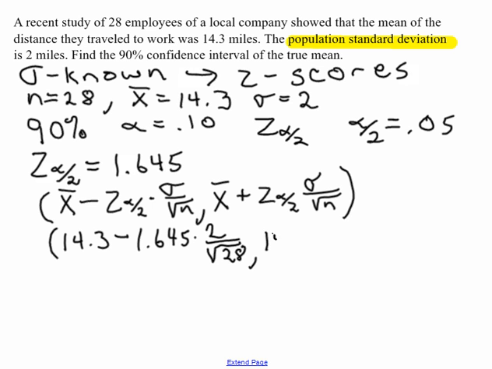And then 14.3 plus our Z alpha over 2 times sigma, which was 2, over our square root of n, which is 28. So there's everything substituted in.